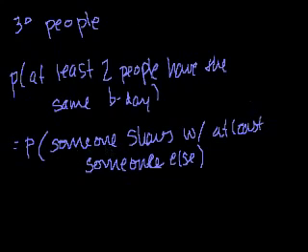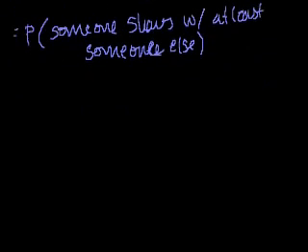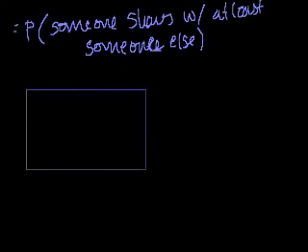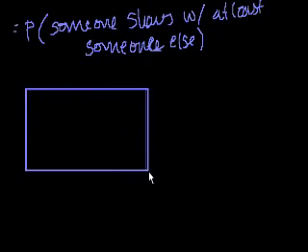This is the opposite of, let me draw the probability space. Let's say that this is all of the outcomes. Let me draw it with a thicker line. So let's say that's all of the outcomes in my probability space. So that's 100% of the outcomes.